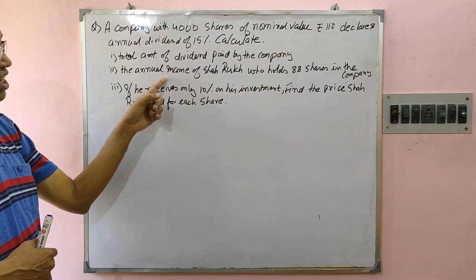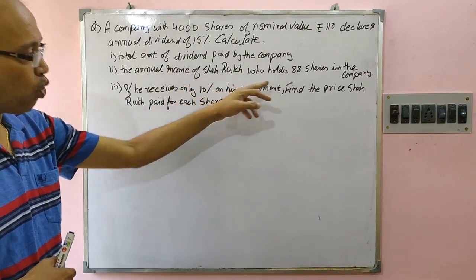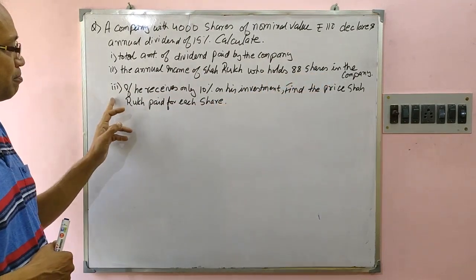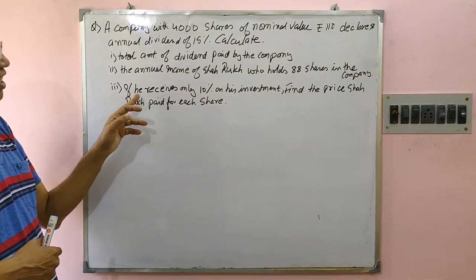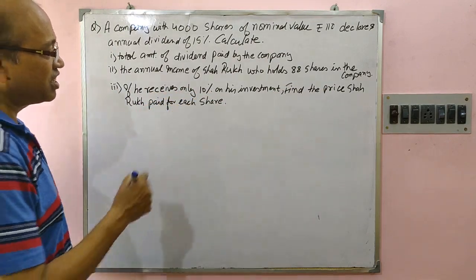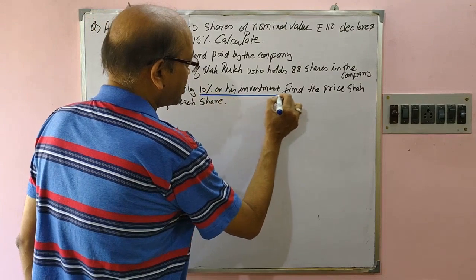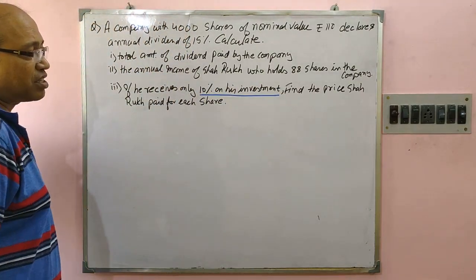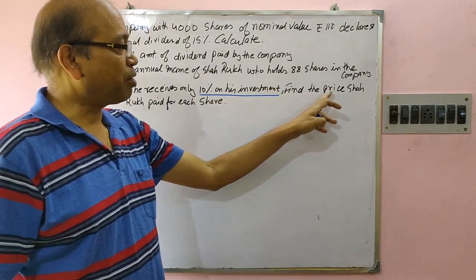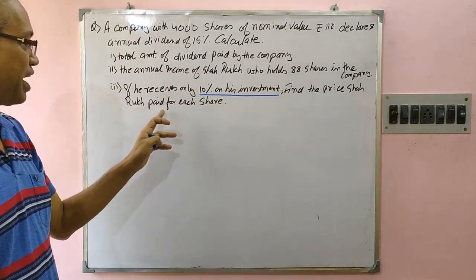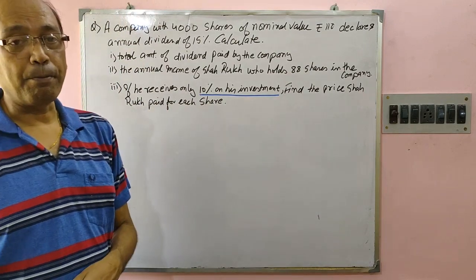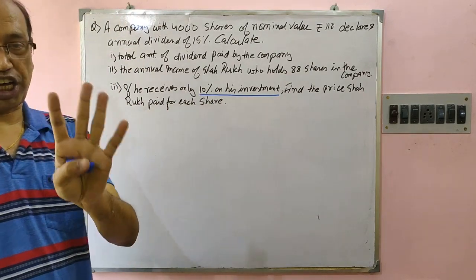Second, the annual income of Shahrukh, who holds 88 shares in the company, if he receives only 10% on his investment, meaning return percentage. Then we have to find the price Shahrukh paid for each share, that means the market value of the shares.